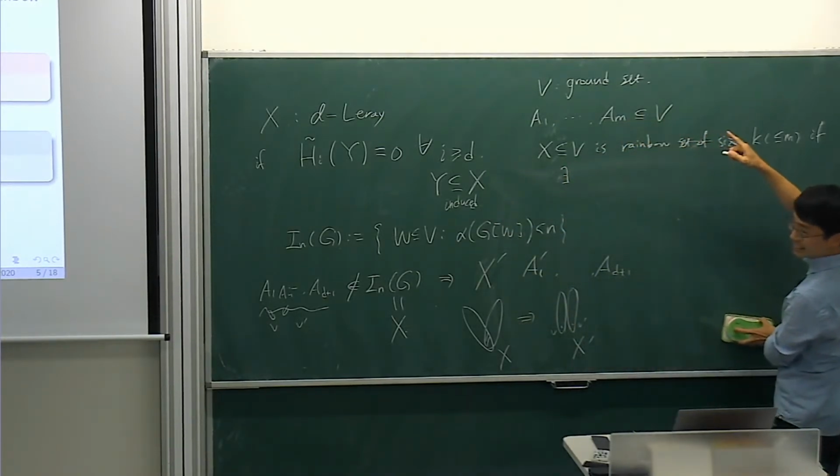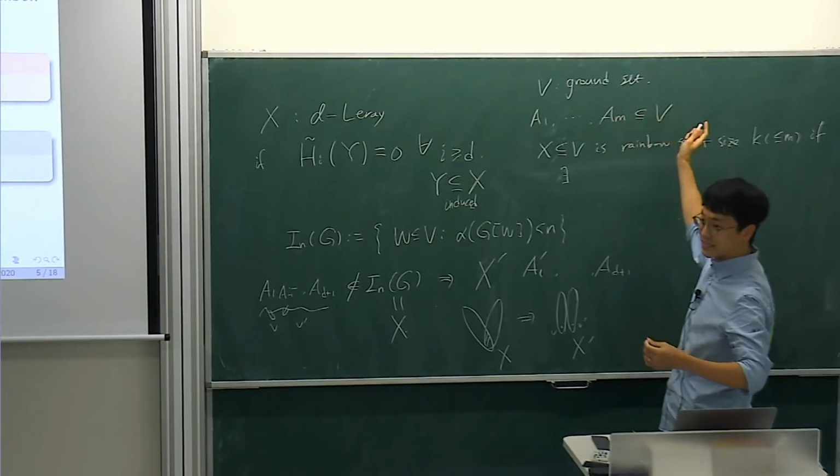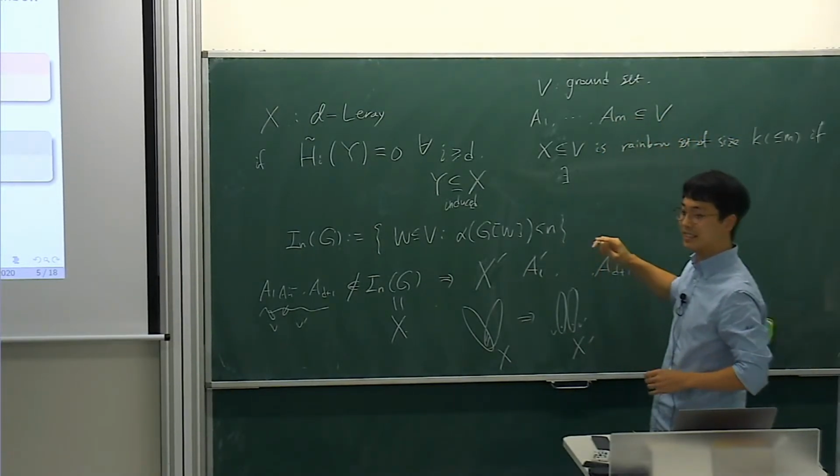So we have a ground set, and we are considering some number of sets, not necessarily disjoint.